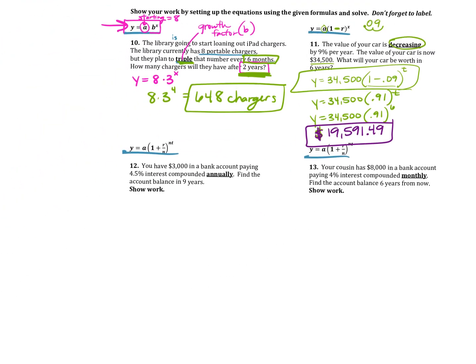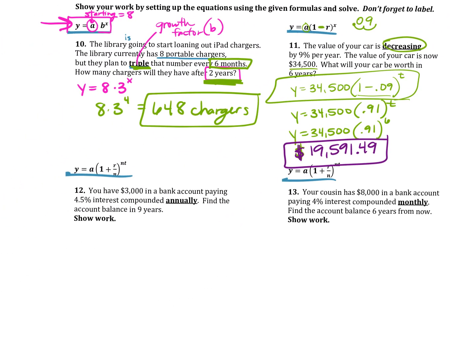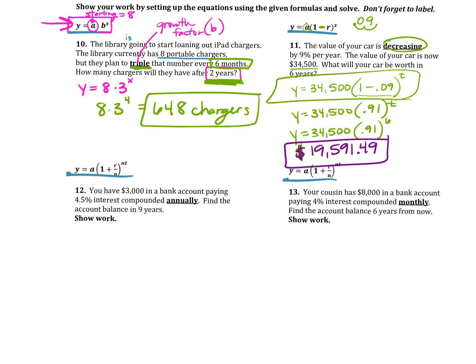Okay, number 12. This is the compound interest equation. And again, it's going to be sitting right at the top of the problem for you, ready to go. You just have to know where things get plugged in. So this one says you have $3,000.